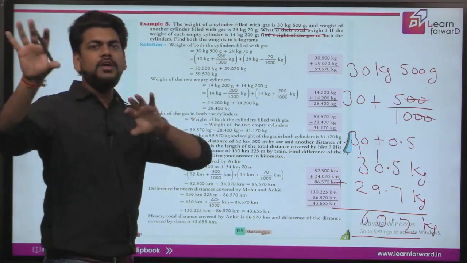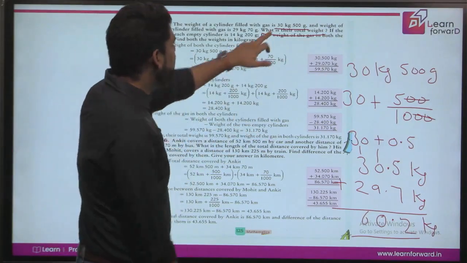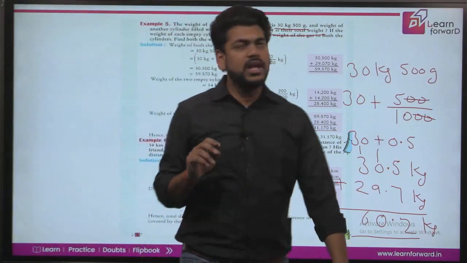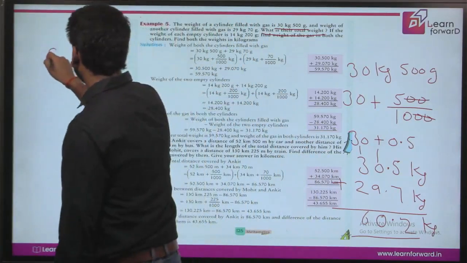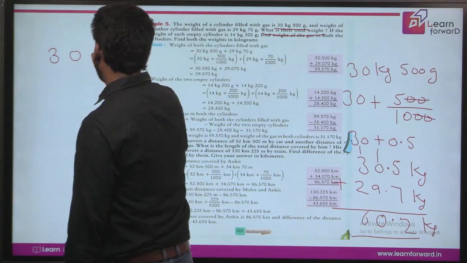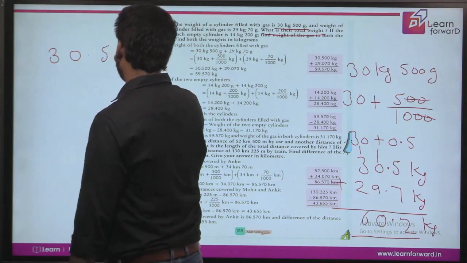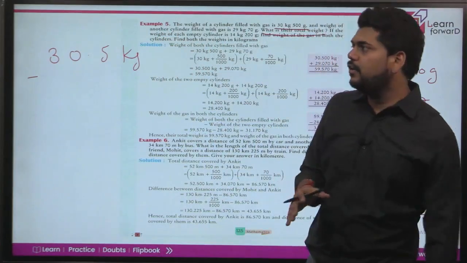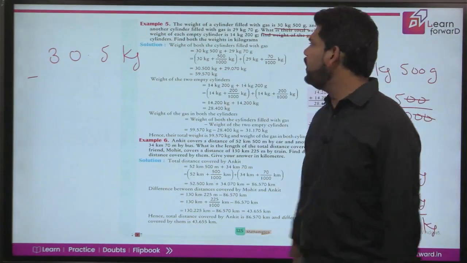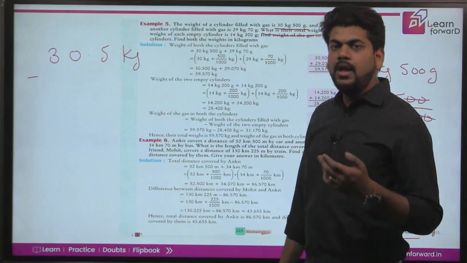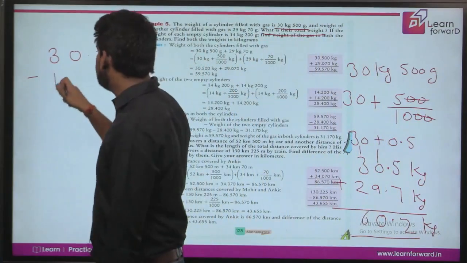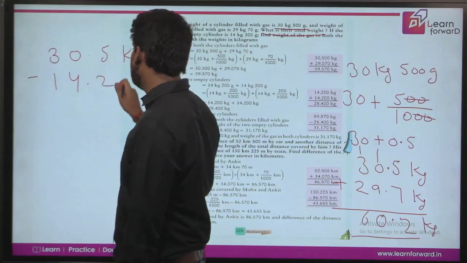Now we have to individually calculate it. So the weight of the first cylinder was 30 kg 500 gram. That means 30.5 kg. We have already converted it. Out of this, some is gas, some is the weight of the cylinder. How much is the weight of the cylinder? 14 kg 200 gram. Again, you have to convert it into kg. While converting it in kg, the answer will be 14.2 kg.